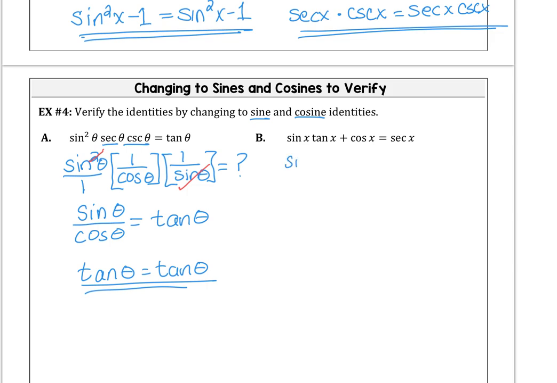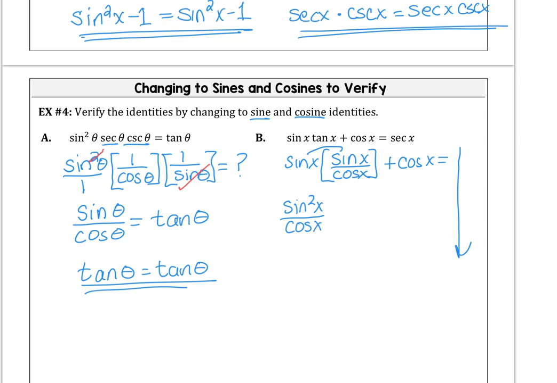So rewriting tangent as a sine over cosine and adding cosine, we want to see if it's equal to secant. Multiplying this together, we get sine squared over cosine plus a cosine over a 1.